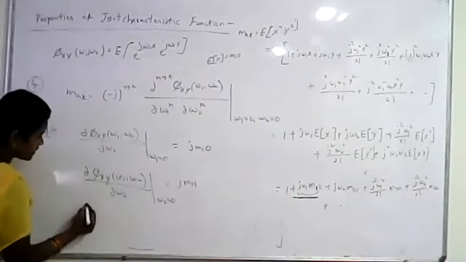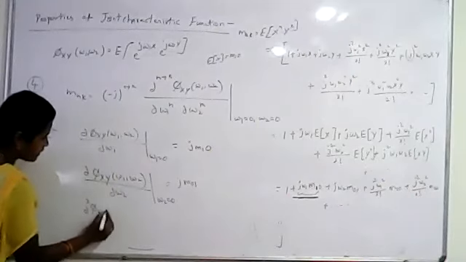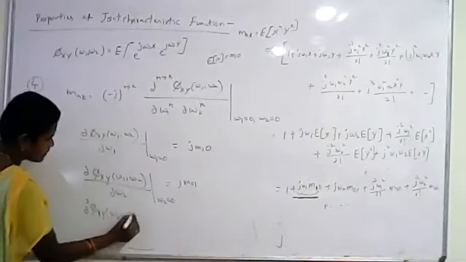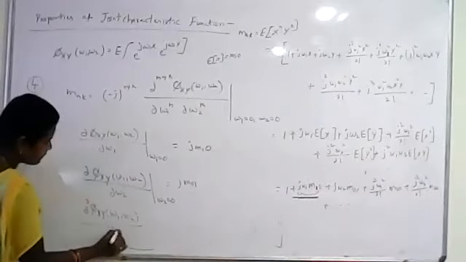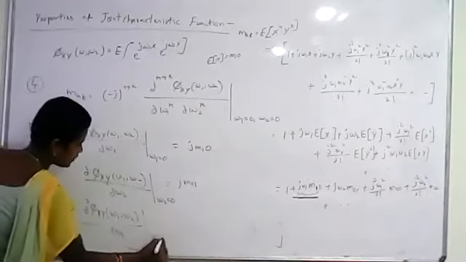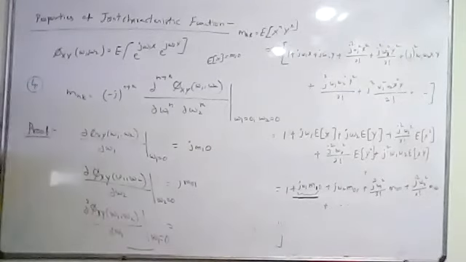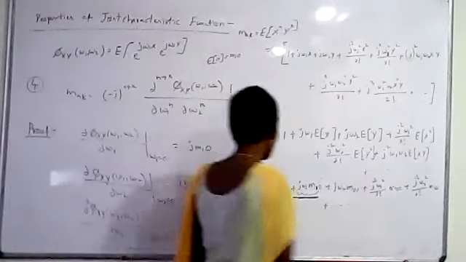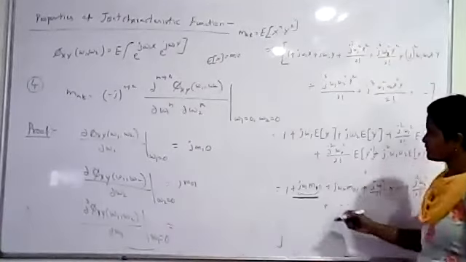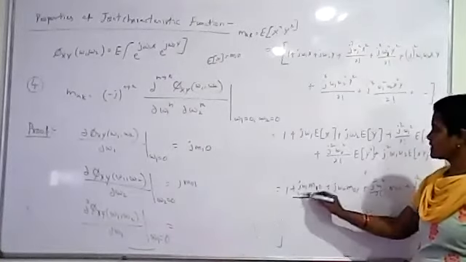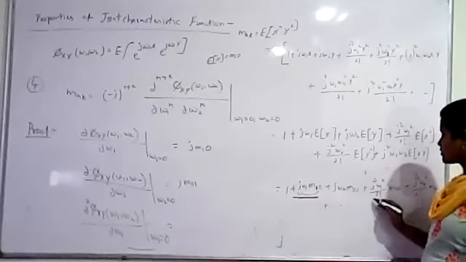We do the partial differentiation of second order with respect to omega 1 and substitute omega 1 equal to 0. So what will we be getting now, students? Since you are doing second order partial differentiation, these three terms become 0.